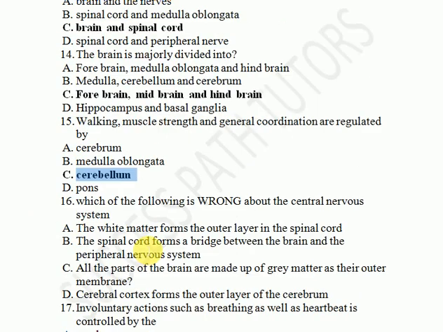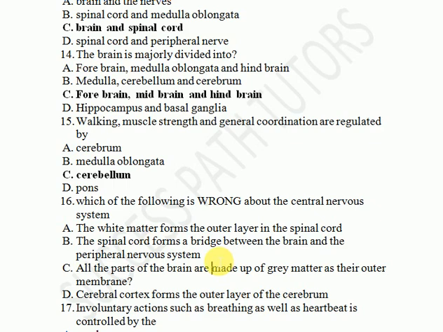Which of the following is wrong about the central nervous system? The white matter forms the outer layer of the spinal cord. That's correct. The spinal cord forms a bridge between the brain and the peripheral nervous system. That's correct. All the parts of the brain are made up of gray matter as their outer layer. That's wrong.